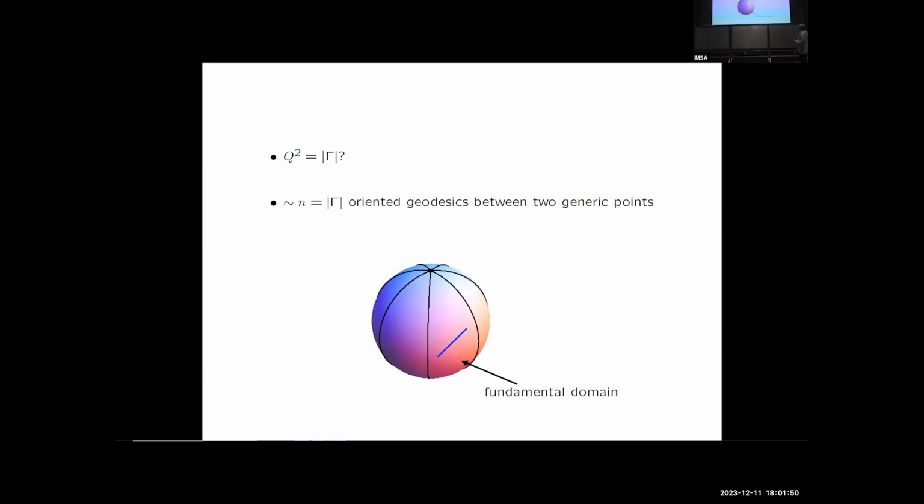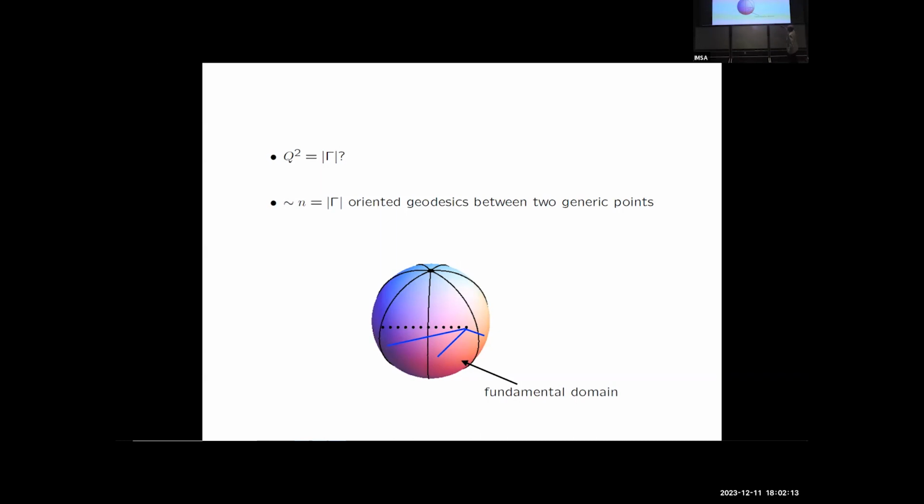So suppose we have a fundamental domain and we take a pair of points in this fundamental domain with the action of Gamma. Then we can take one geodesic, and we can move one of the points out there, and so forth.